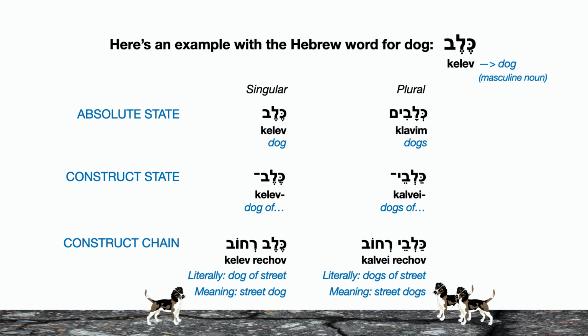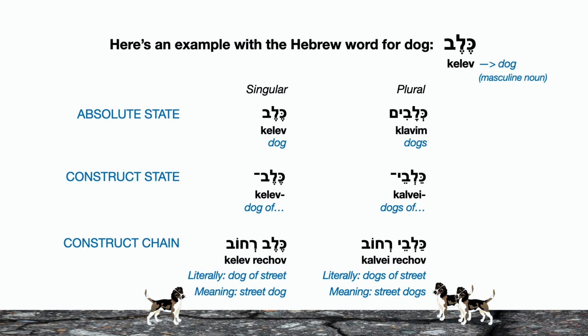For example, if we combine kelev with the word rehov, which means street, so kelev rehov, now dog is not just standing alone as the word dog, it's saying "dog of," so it becomes dog of street. That's how we say street dog.